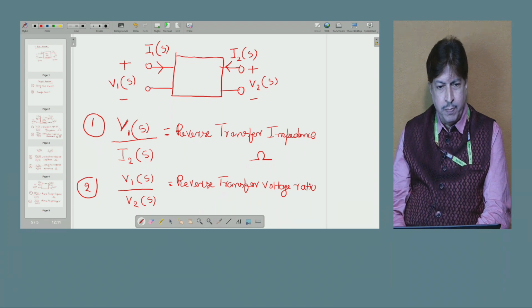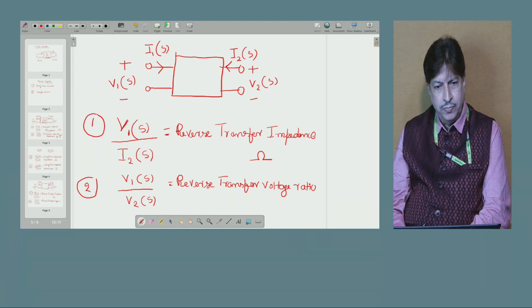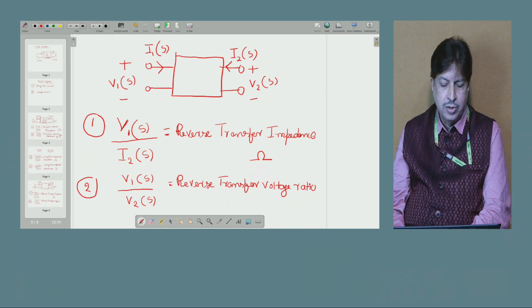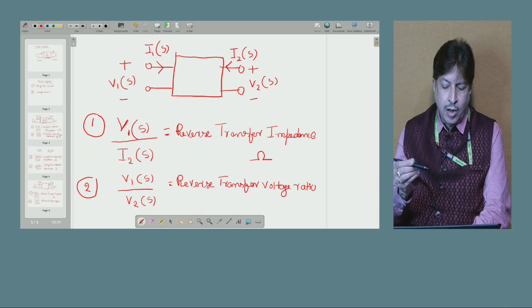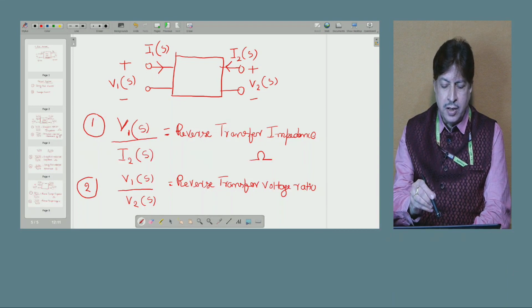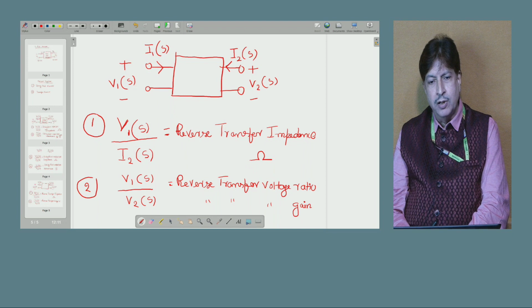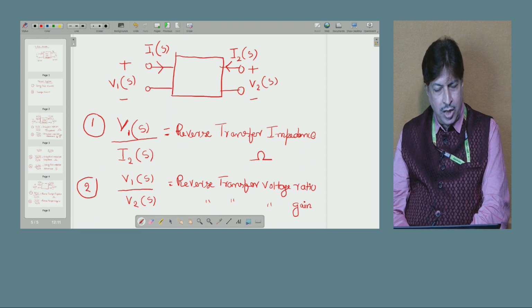Because it is representing voltage ratio. Numerator is voltage, denominator is voltage. Or we can also call it as reverse transfer voltage gain. Whenever numerator and denominator belong to the same variable, we can also call it a gain.